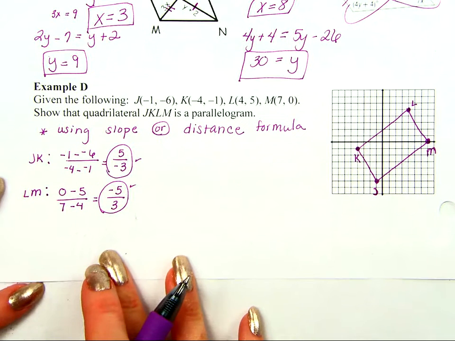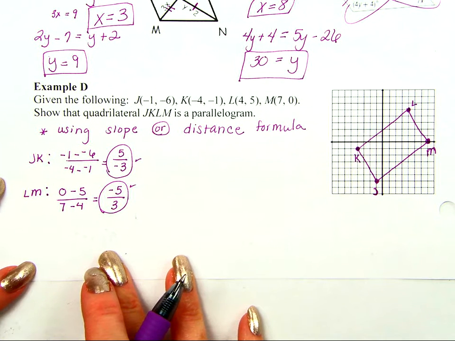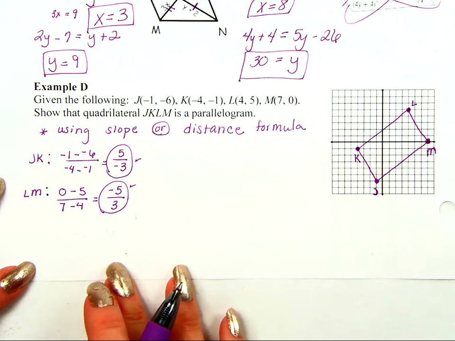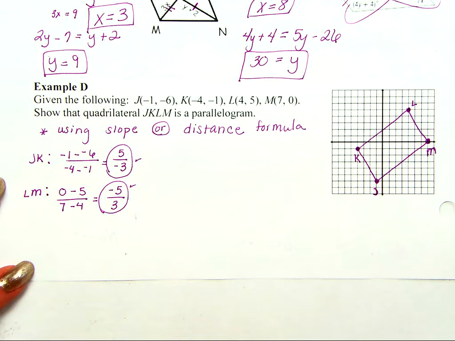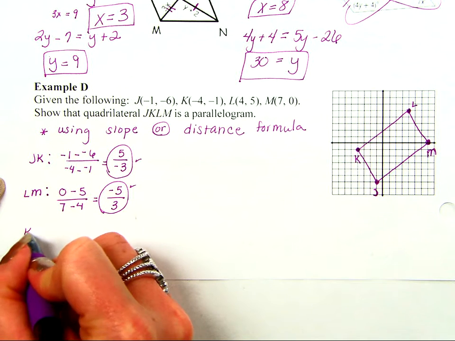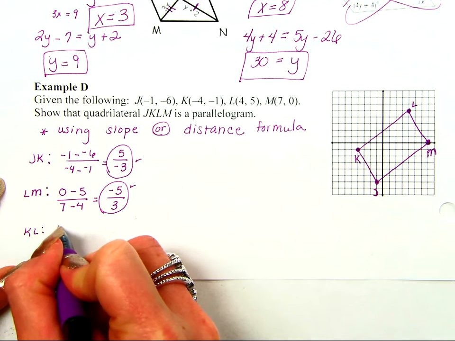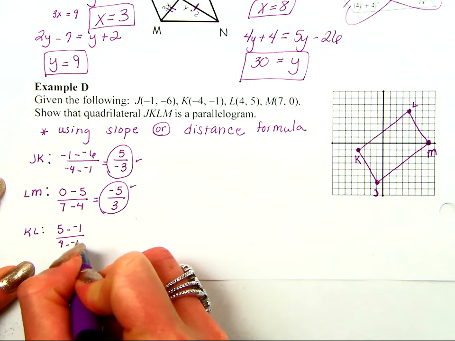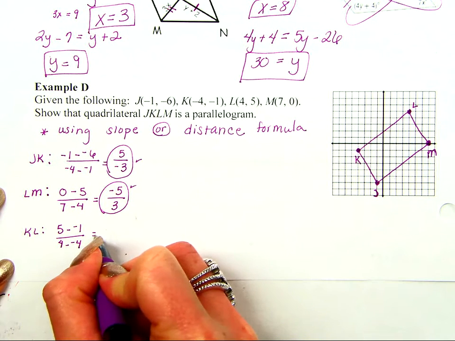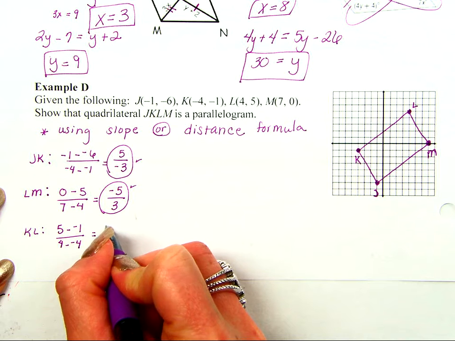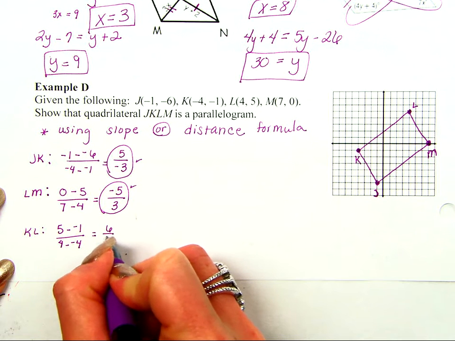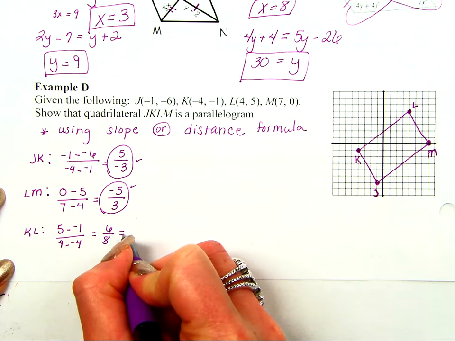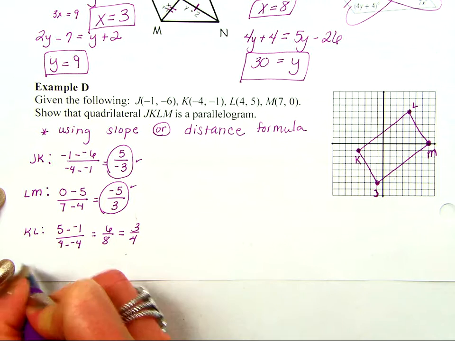So I've proven that two sides have the same slope, but I also need to take a look at my other two sides, my long sides KL and JM. KL, well, y minus y over x minus x, I would get 6 over 8, but I know that can reduce to 3 over 4.